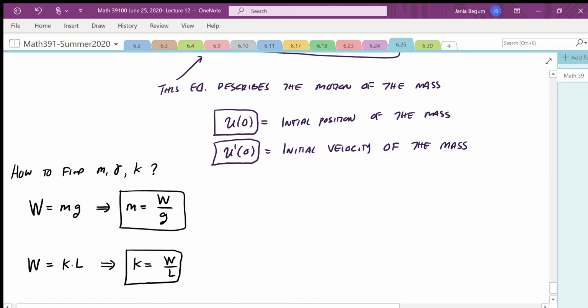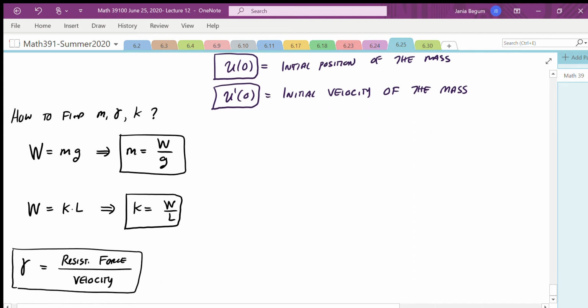We can find K by dividing, so K is equal to W over L. And gamma, we can find by using the formula resistant force over velocity. Sometimes the question might give it to you, but it's good to know how to find it just in case it doesn't give you the damping constant.